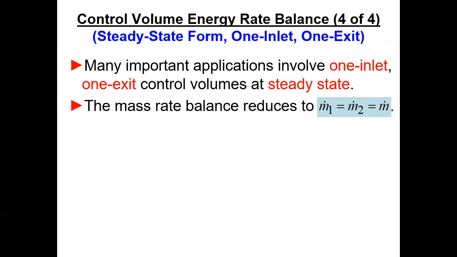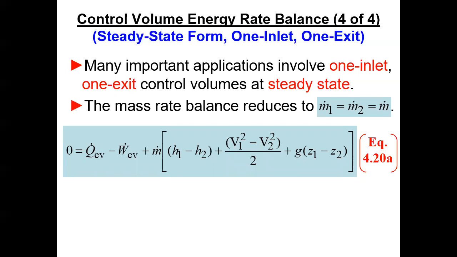So the mass rate balance reduces to, if it's steady state, whatever's flowing in has to be flowing out. So m dot 1 is equal to m dot 2, and you don't even really need to put a subscript on it if it's the same all over the place. Okay? And so if that's the case, then we can just factor it out. And so now think about units right now. The heat transfer term, that's total heat transfer.